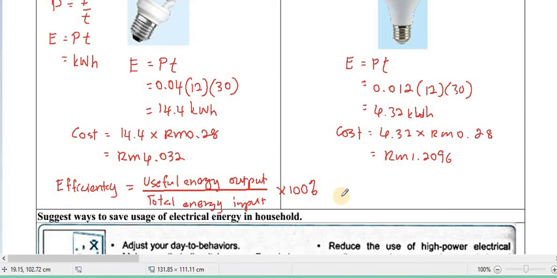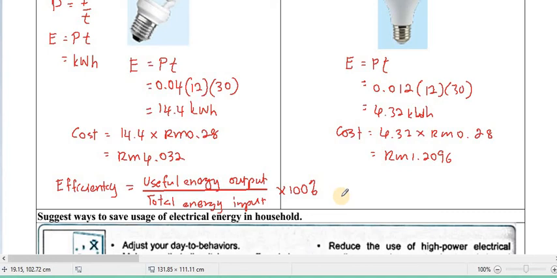Maybe the question will not come out and ask you to calculate how much is the efficiency, because asking you to calculate efficiency is the kind of question that comes out in Form 3 science.